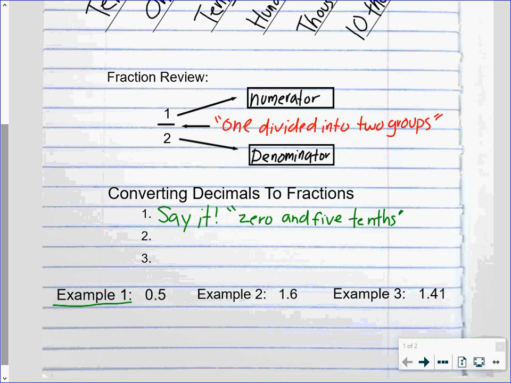Our next step would be to write it. So we write it just like it sounds. We don't have a whole number, so we're going to skip that part. 0 and 5/10. And our last part is to simplify it.